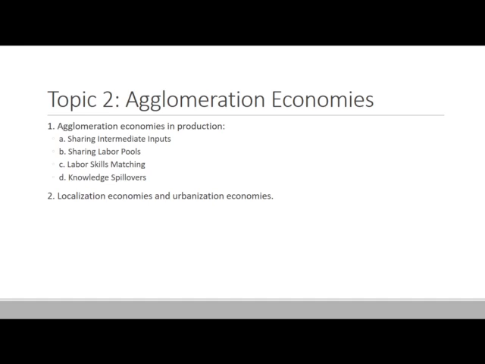Okay, and after that, we also say that agglomeration economies have 2 forms, right? Localization economies and urbanization economies. In general, the 4 aspects of agglomeration economies are exactly the same, the names are exactly the same for localization economies and urbanization economies. The difference is that localization economies are more for the same industry, but urbanization economies are more for across different industries, right?